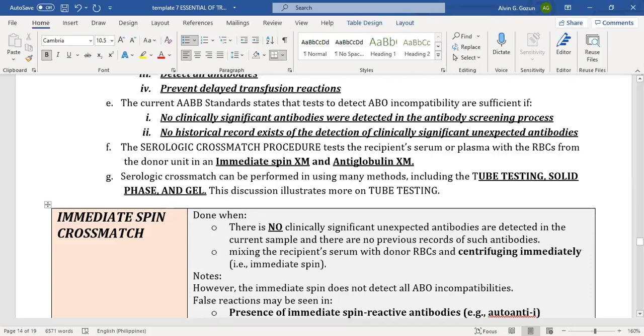The serologic cross-match procedure tests the recipient serum or plasma with RBCs from the donor unit in an immediate spin cross-match and antiglobulin cross-match. We know that serologic cross-match can be performed in any method: tube, solid phase, and gel. This discussion illustrates tube testing, so tube is what we are talking about here.